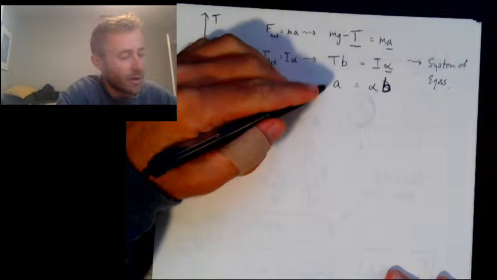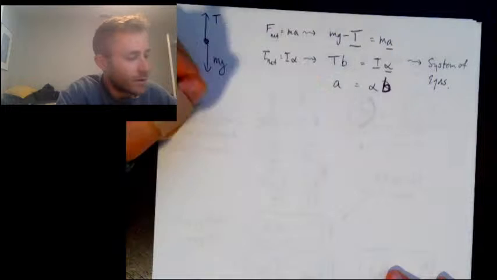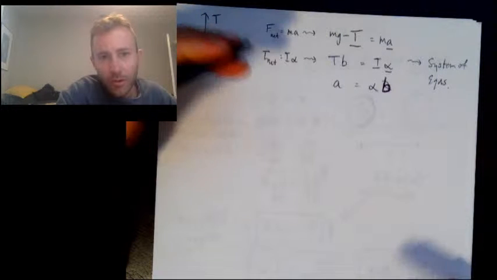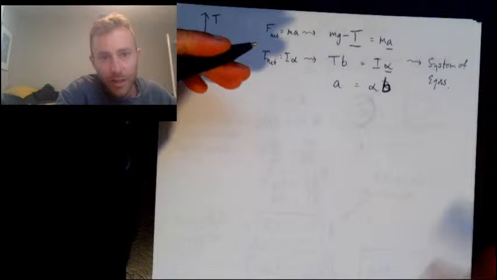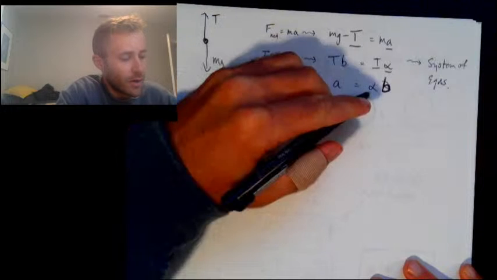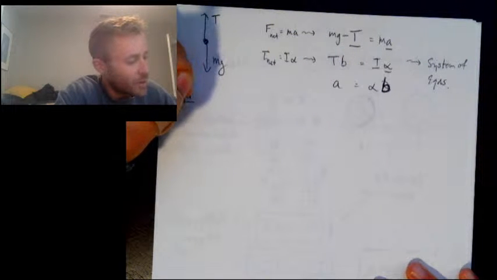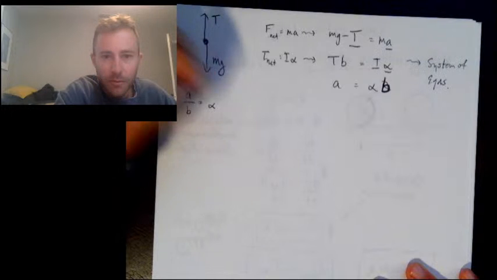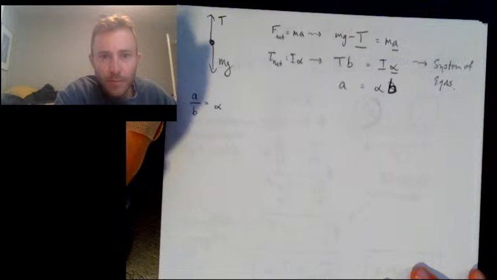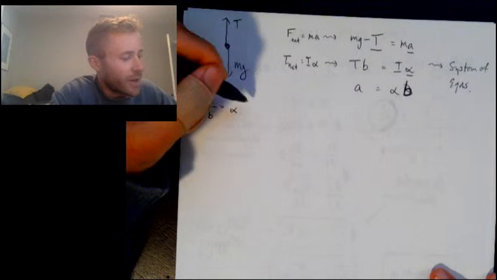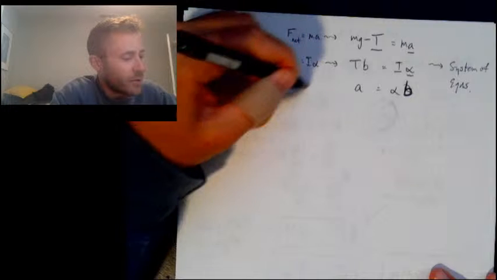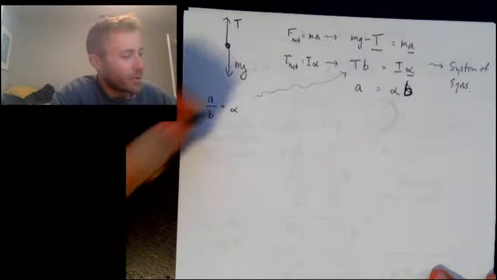The first thing I like to do is, normally we're solving for the linear acceleration, not the angular acceleration. So I'm going to eliminate angular acceleration by dividing both sides by b. A over b is alpha. Then I'm going to plug that into my Newton's second law for rotation equation.